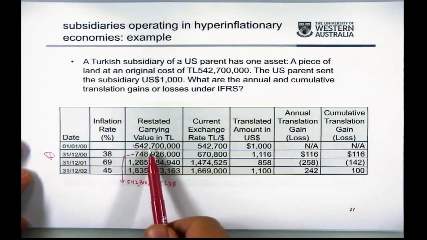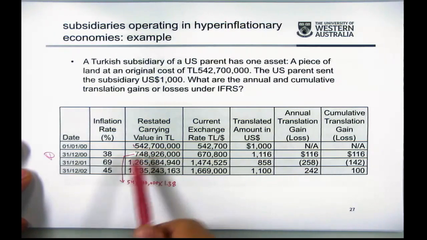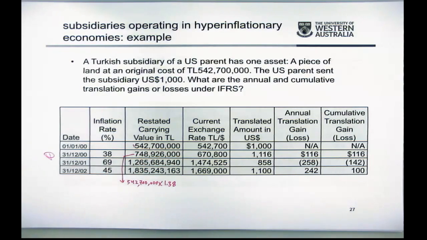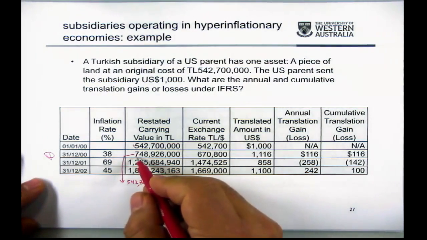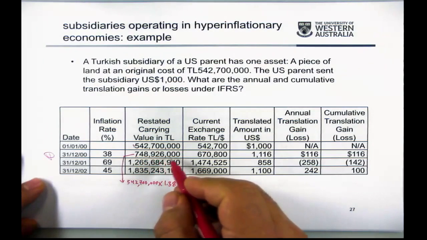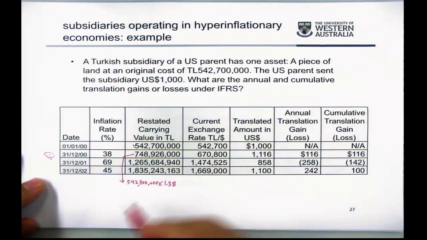We take the beginning of the year value, times 1 plus the inflation rate for that year. That gives us the inflation adjusted value. This is the value, 748,926,000. This is the inflation adjusted value of the land.